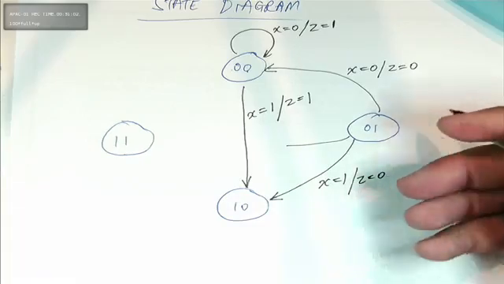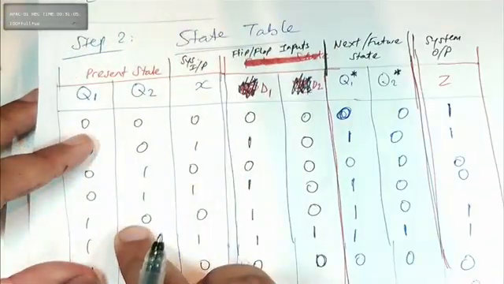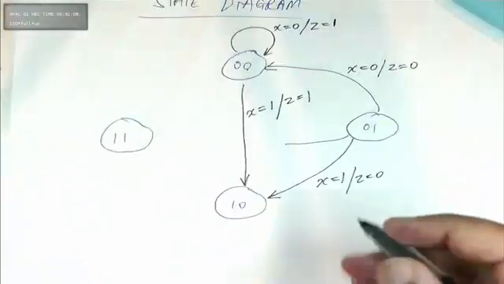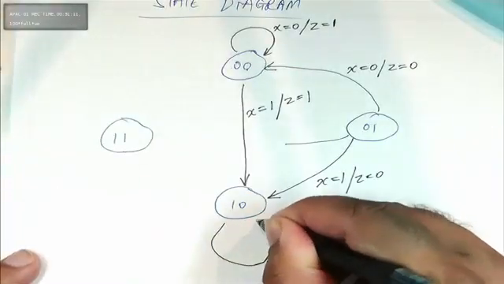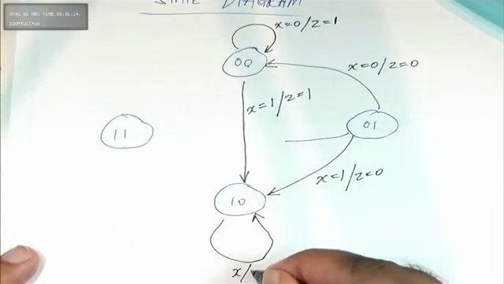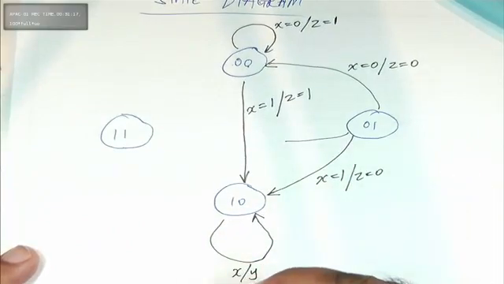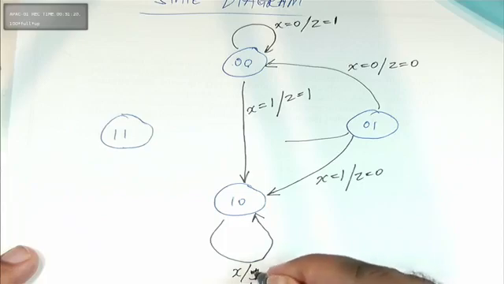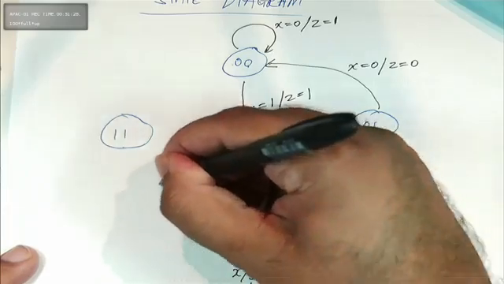Next line. 1, 0 stays at 1, 0. The way we put it is x slash z. X is 0, Z is 1. 1, 0 goes to 1, 1.